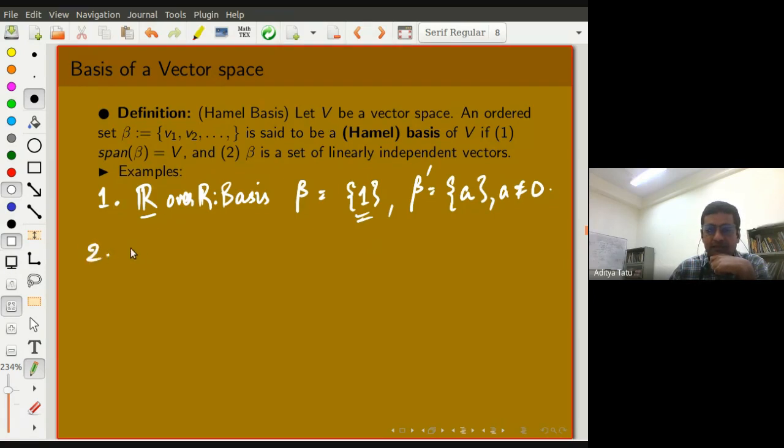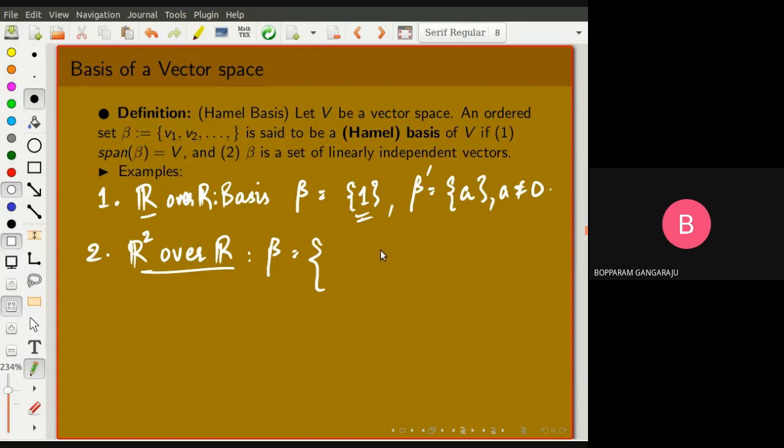Let's look at another example, something that all of you would be familiar with right from your school days. R2 over R. Give me an example of a basis. (1,0), (0,1).